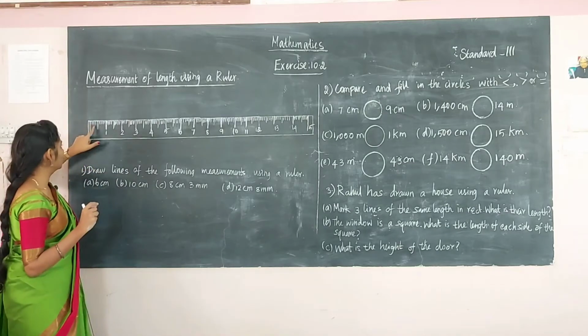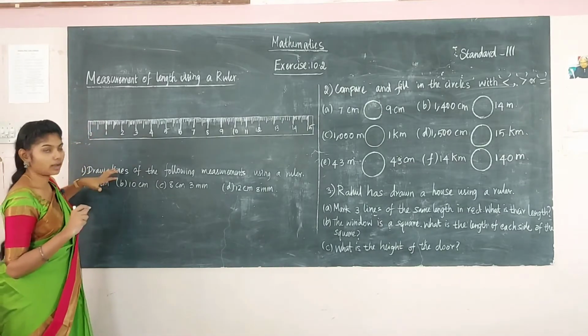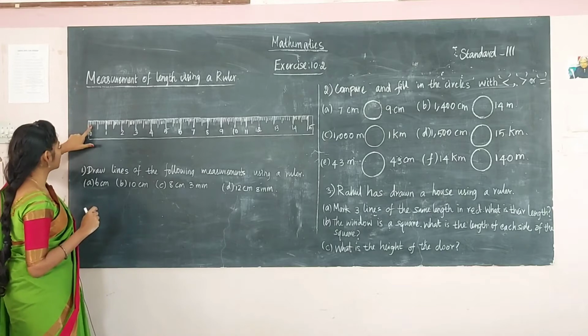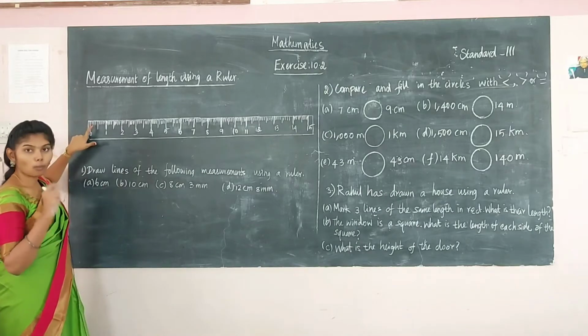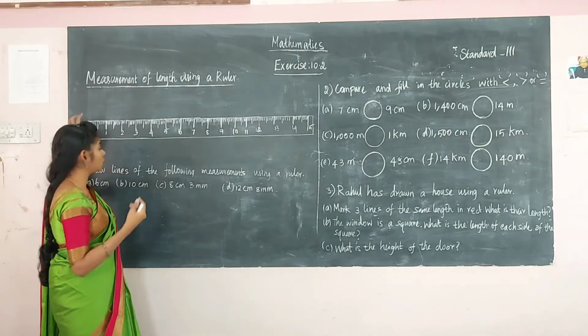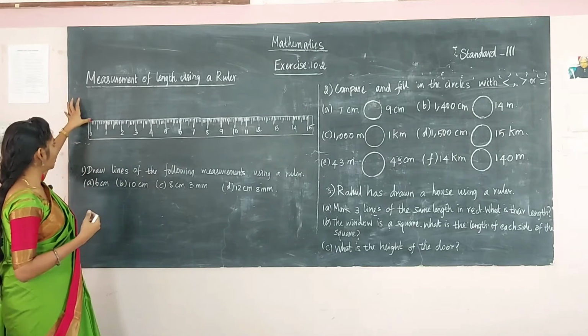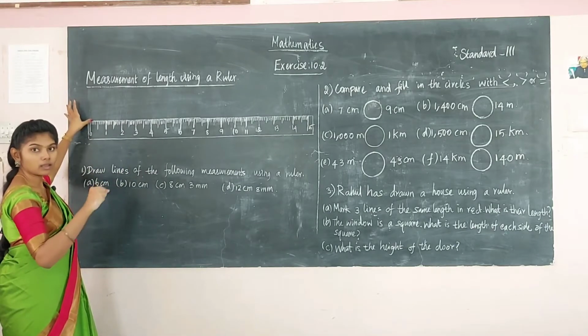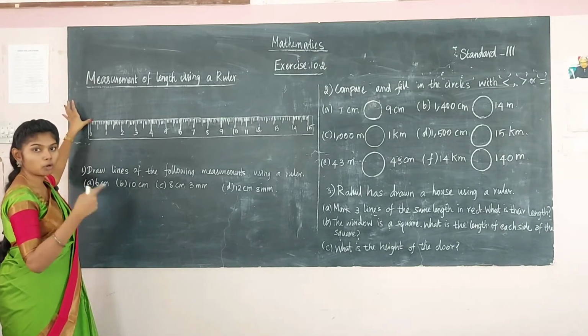So in between 0 and 1 a few markings are there. How will you read those markings? After 0, it is 0.1, next 0.2. As I am saying, take your scale and look at those markings also.